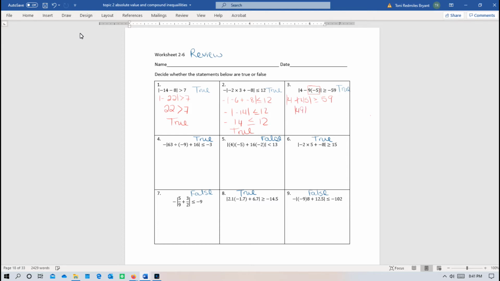Really, we don't need something like this in absolute value, but it's there, so I'm going to take it. And it is true that, oh, I dropped my negative. That would have changed the answer, huh? 49 is greater than or equal to -59. So that's also a true statement. So far, everything's been true.